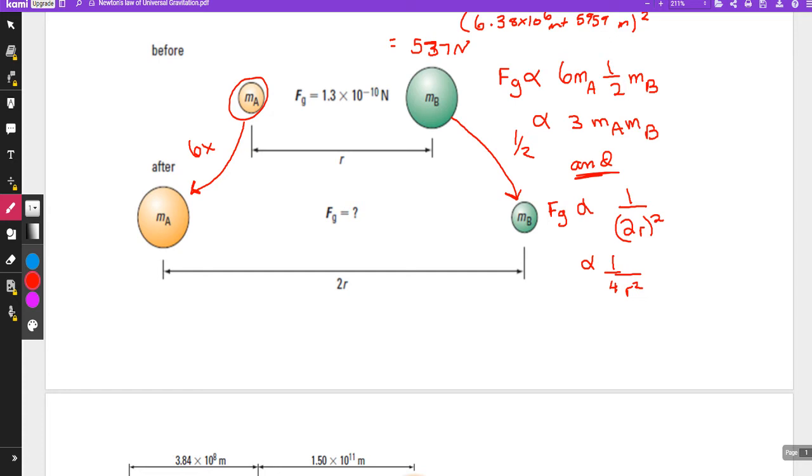So 3 times 1/4, which gives us 3/4. And then to calculate FG from here to here, it's just multiplying it by 3/4.